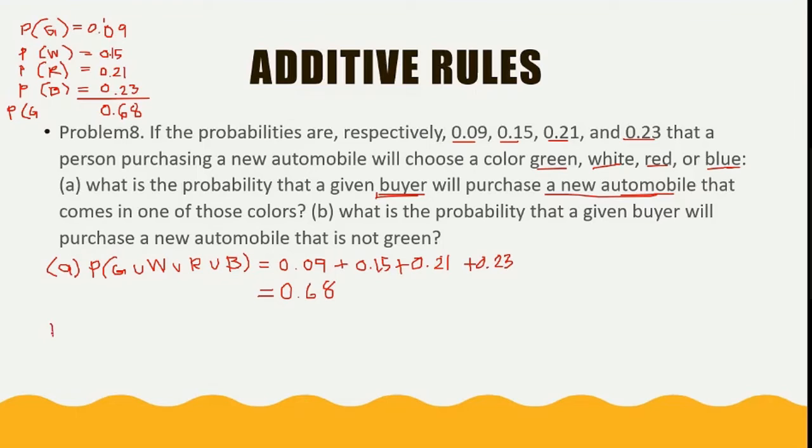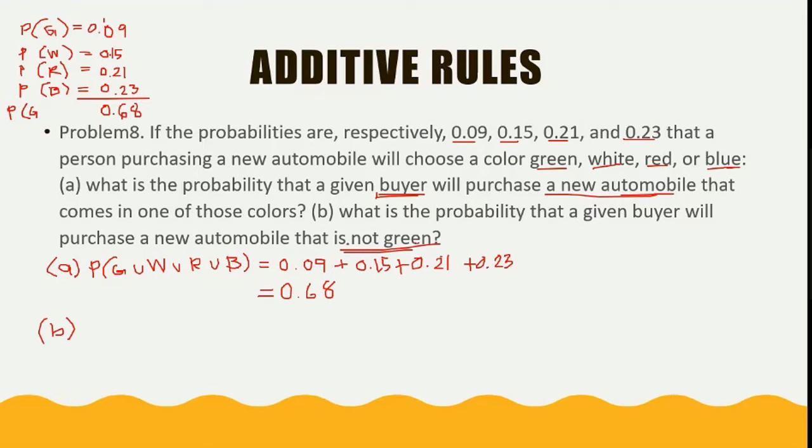Now we have another problem here. Another question is, what is the probability that the given buyer will purchase a new automobile that is not green? This one will be related to the next discussion, which is actually the complement, but we will just show the solution here. So we will not choose green.